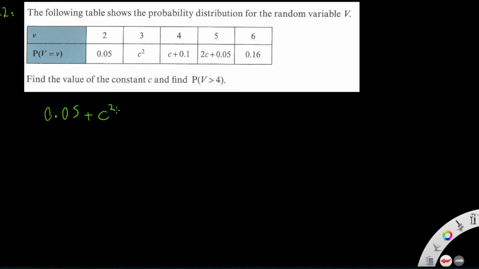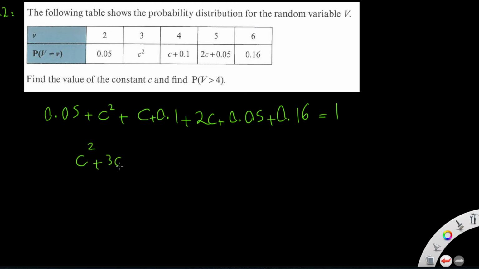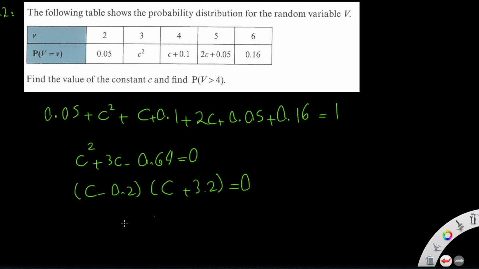So, 0.1 plus c squared plus 0.01 plus 2c plus 0.05 and 0.16 should be 1. Now it will simplify to this quadratic equation: c squared plus 3c minus 0.64 is equal to 0. You can factorize: c minus 0.2 and c plus 3.2 is equal to 0.